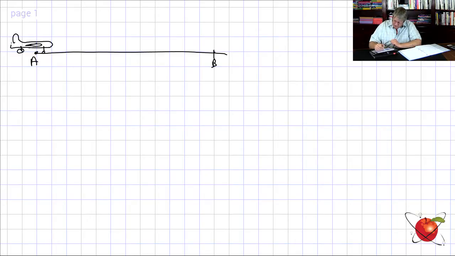Let's have a look. At this point, the aeroplane is going to be doing this. Put in what we know. What is V initial here? V initial is equal to 0. What is V final?